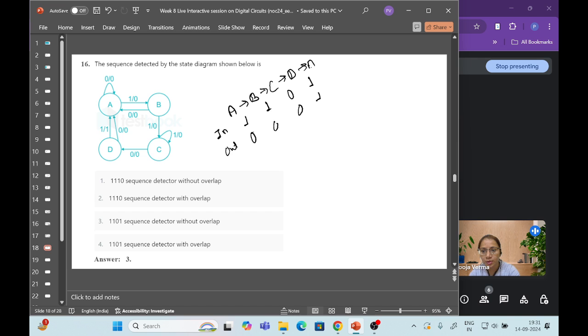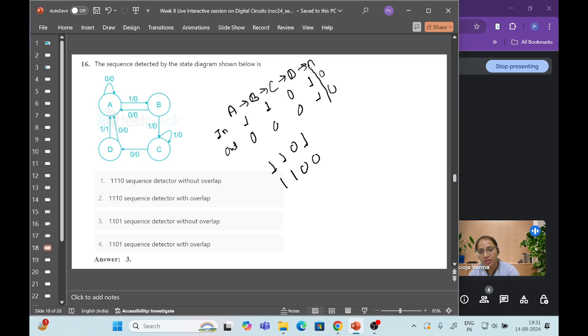There is this option, and there is another option too. When input is 0 and output is 0, that also goes in the forward direction. So what sequence have we detected? It is in the options: 1 1 0 1 or 1 1 0 0.